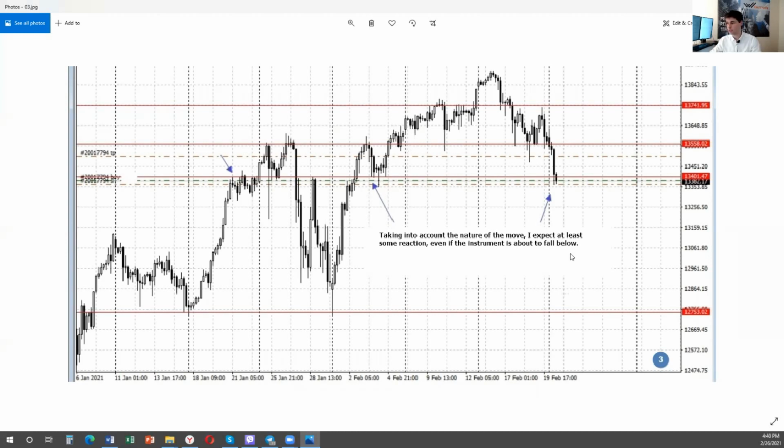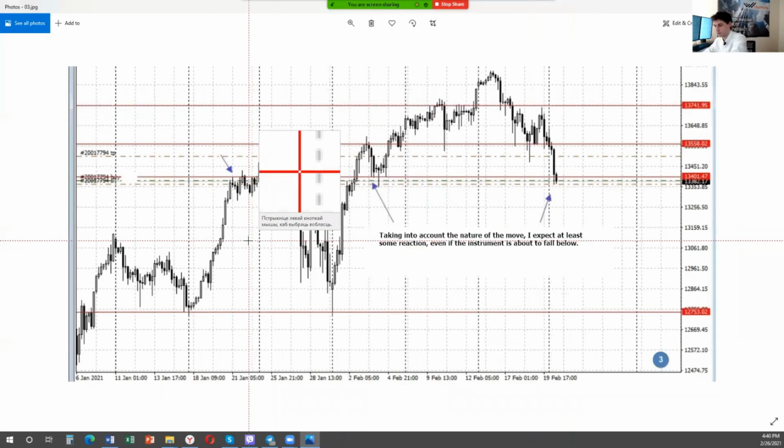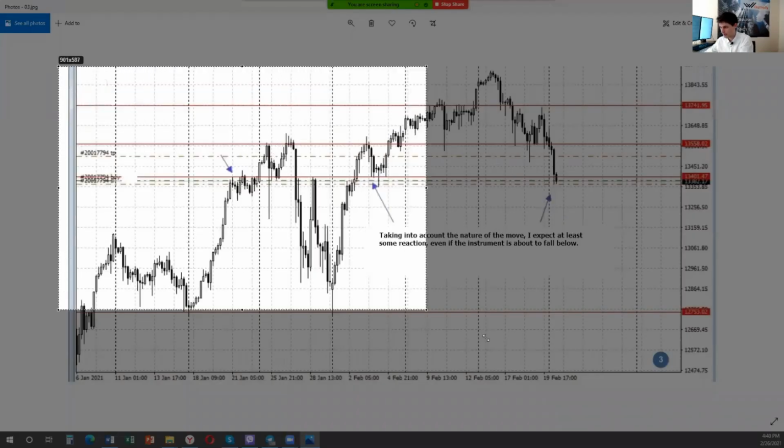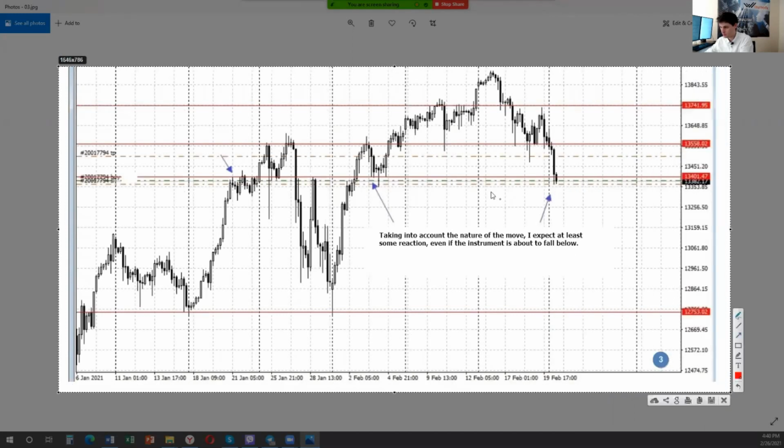revealed more fully. So you see the 4-hour chart, and here you see key points here, here, and here, but no clear retention on the 4-hour chart.